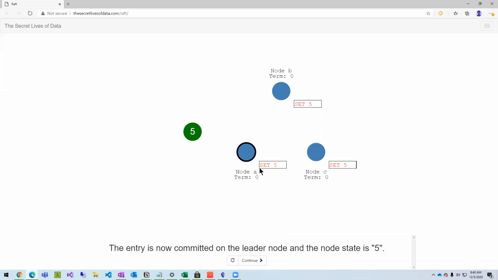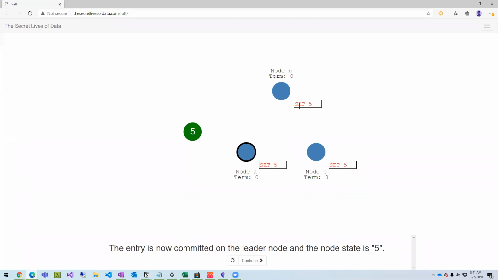Okay, so it has made a decision to set the value to 5, and now it was going to reply back to the client, and now it failed. So the client will think that the decision was not taken. Yeah, the client would think that the decision was not there, but the other two nodes had already agreed with it, right?